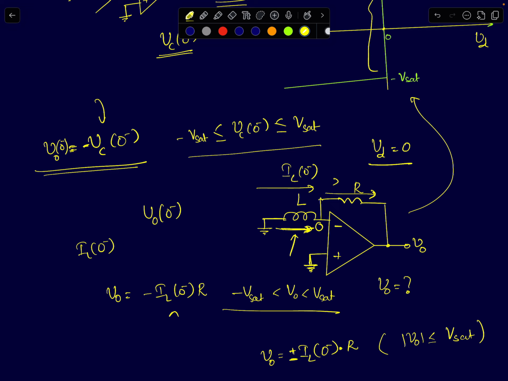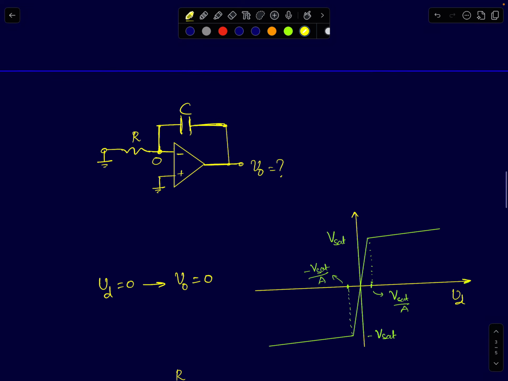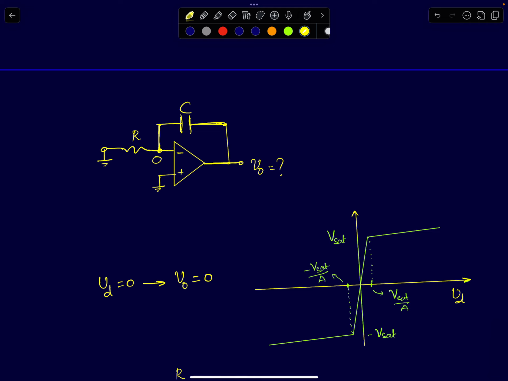Now in the second case, I'm going to assume finite gain characteristics. If you observe the op amp's input-output characteristics, it has a very interesting property.